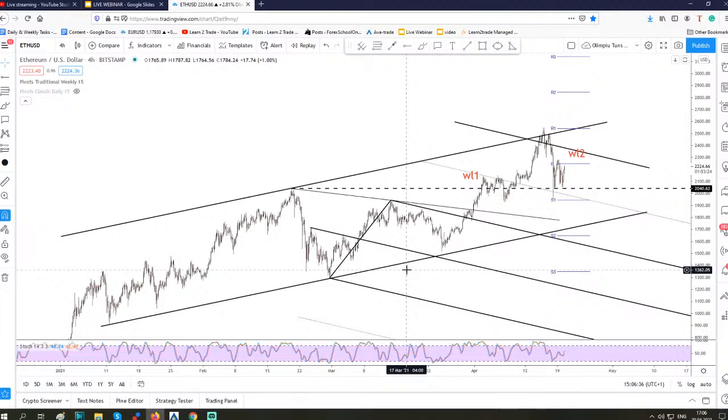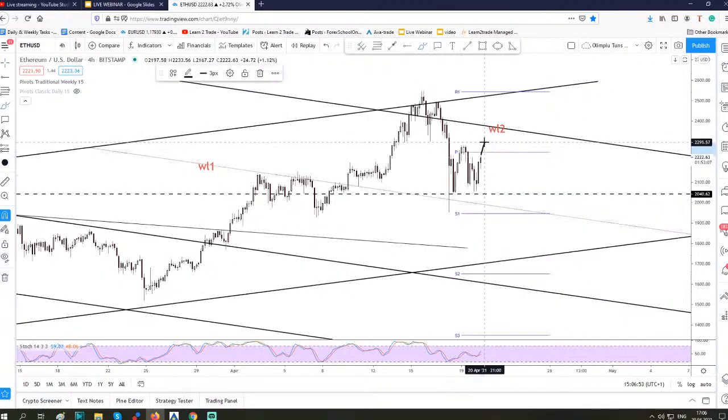So it could move sideways here, and personally I believe that if it will jump and stabilize right above the weekly pivot, a new higher high could maybe bring an important growth in the short term.